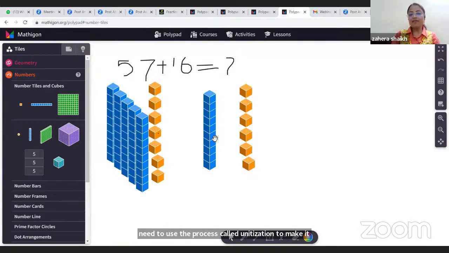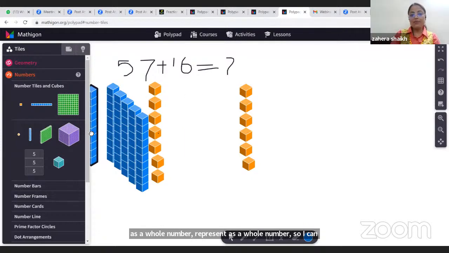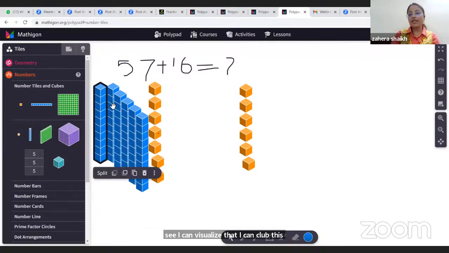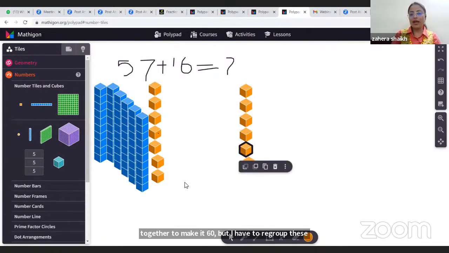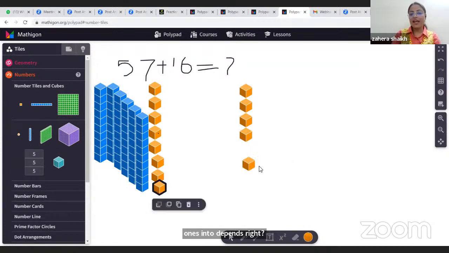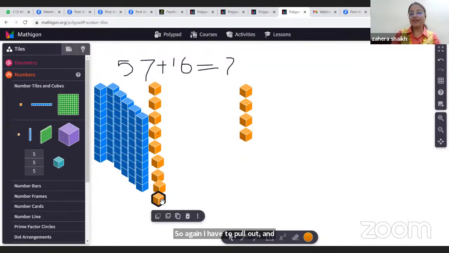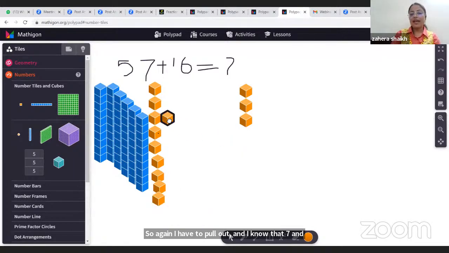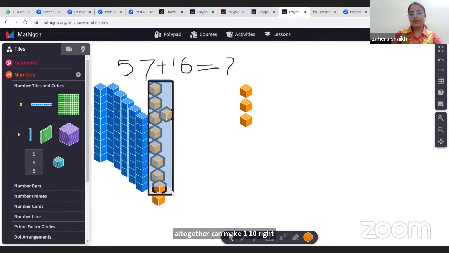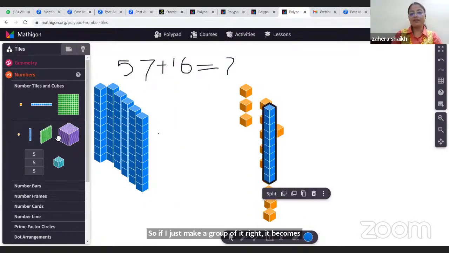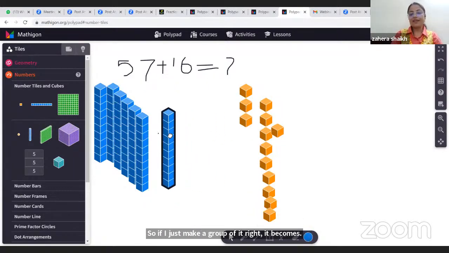So I can visualize that I can club all these tens together to make 60, but I have to regroup these ones into tens, right? So again, I pull out, and I know that 7 and 3 all together can make 10. So if I make a group of it, I can replace this with 10, right?